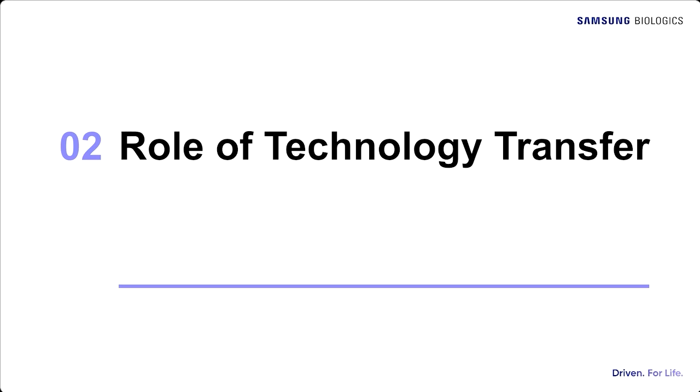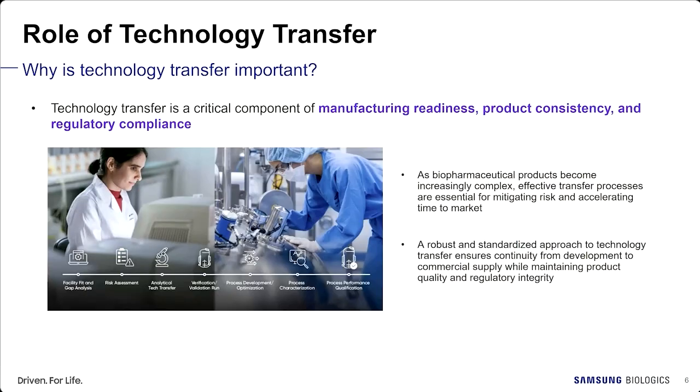Before we move to the technology transfer process, it is good to see the role of technology transfer in the pharmaceutical industry. Why is technology transfer important in drug substance manufacturing? Technology transfer is a critical component ensuring manufacturing readiness, product consistency, and regulatory compliance.